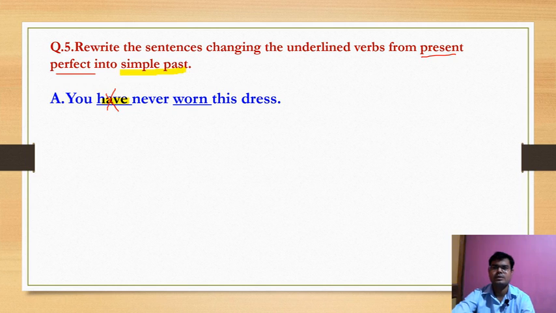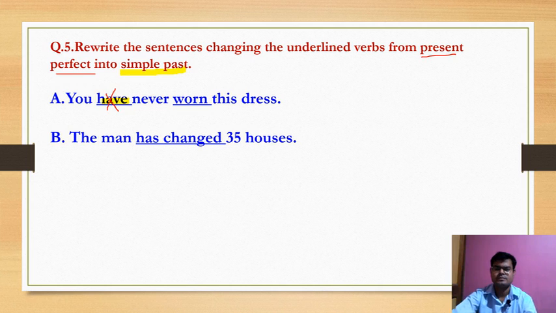We have to keep past tense only. Next example: the man has changed 35 houses. We have to just omit this has. The man changed 35 houses. Correct answer, are you getting? We want the verb's second form, since we have to make present perfect into simple past tense. It's very simple.